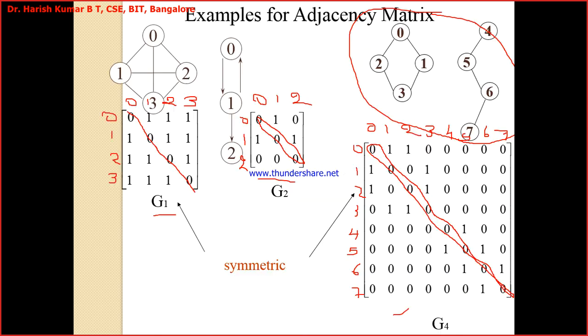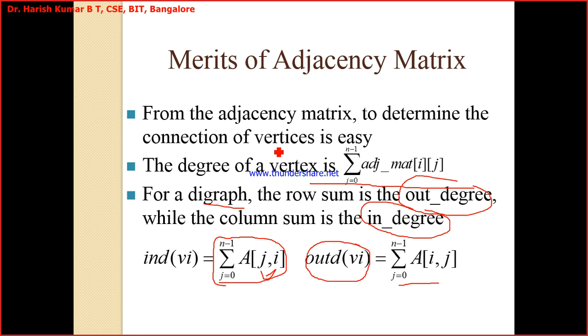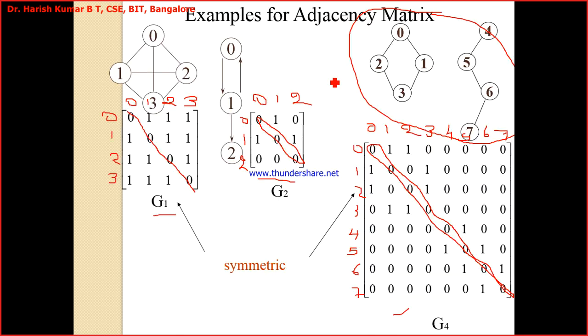Now if you go back to this example, this was the digraph. What it said was, you take the row sum, it gives you the out degree, and you take the column sum, it gives you the in degree. Here the row sum for 0 is 1, so the out degree for this node is 1, and if I take the column sum for 0, again it is 1, so the in degree is 1 and the out degree is 1.